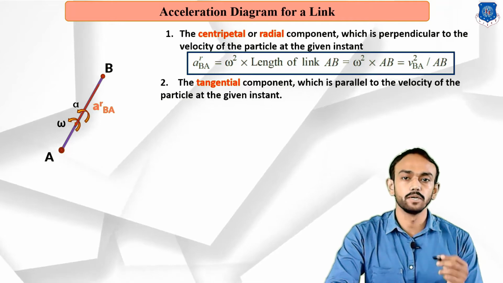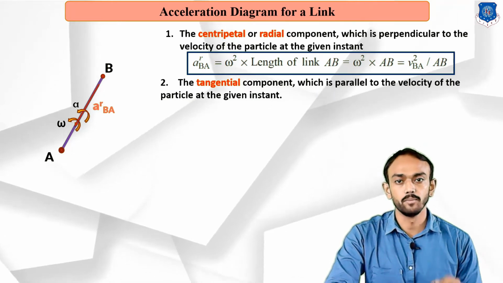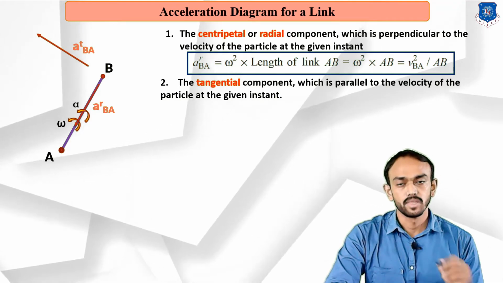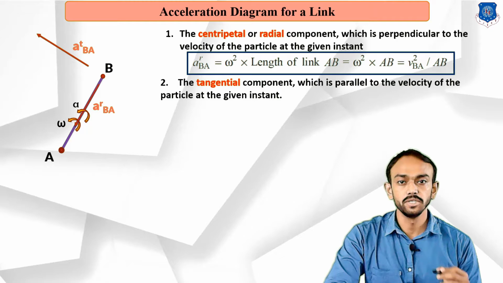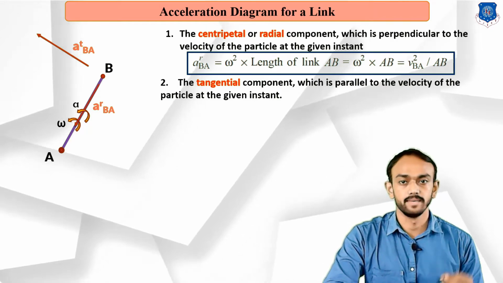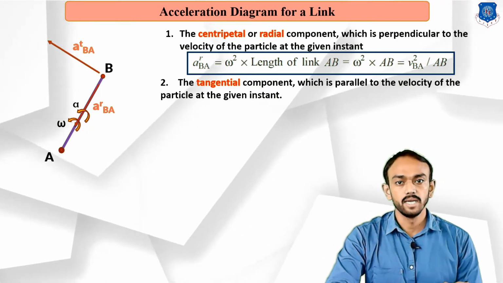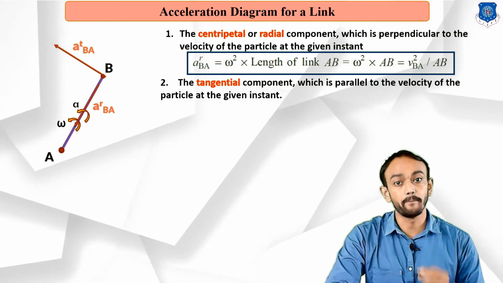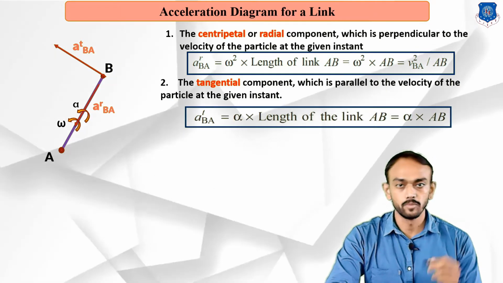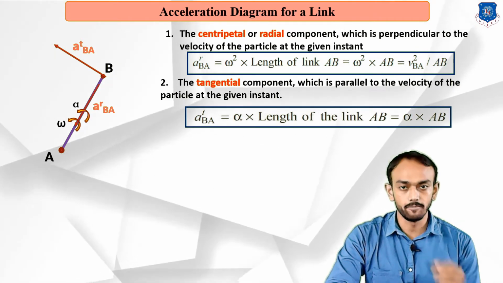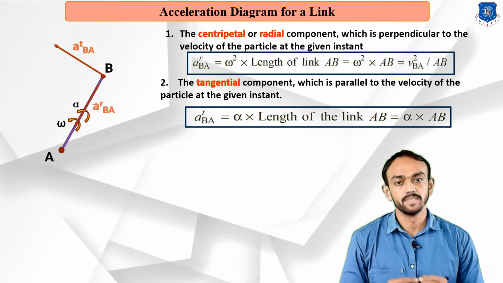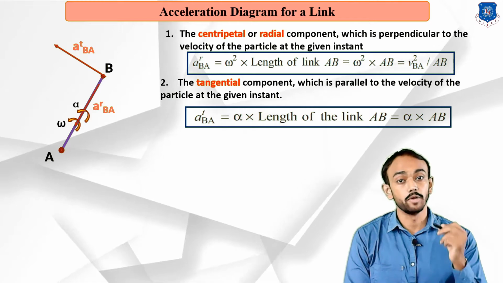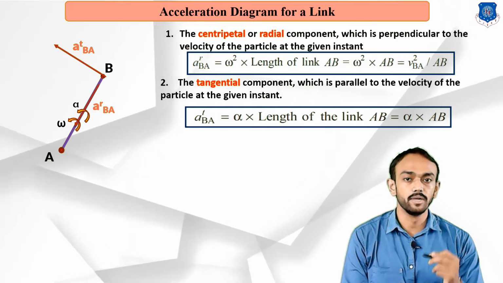You can see a_tBA, meaning tangential acceleration of B with respect to A. The direction is perpendicular to that link, or parallel to the velocity. The formula is a_tBA equals alpha into the length of link AB, where alpha is the angular acceleration and omega is the angular velocity.